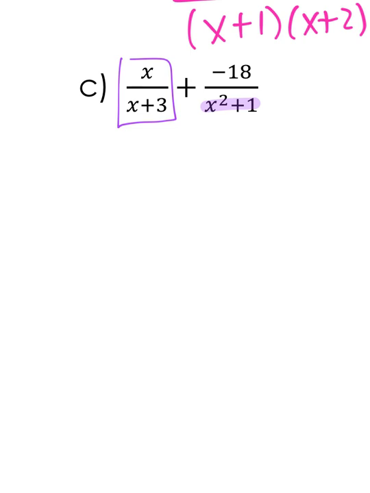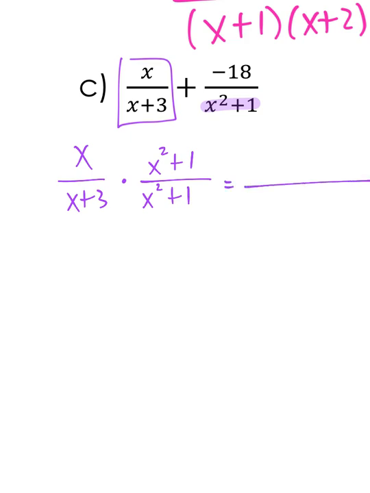So I'm going to do that with this one first. So x over x plus 3. I'm going to multiply that by x squared plus 1 on the top and the bottom, so that I get my common denominator.